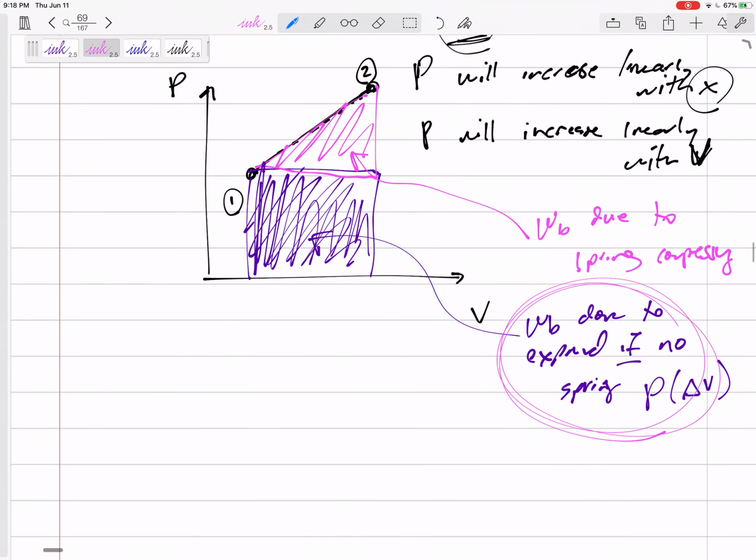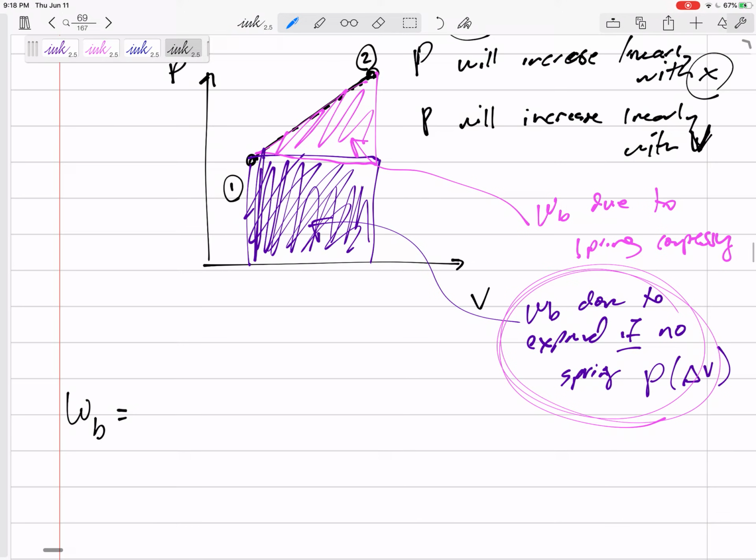So the total boundary work, if we have a piston cylinder device that is attached to a spring, the spring is pressing harder and harder the more we compress it. What would the area under this curve be? It would be the area P1 times V2 minus V1. That's this rectangle right here.